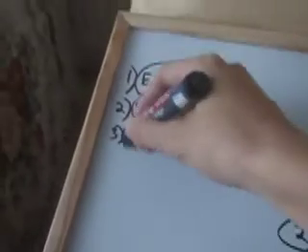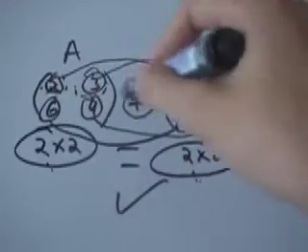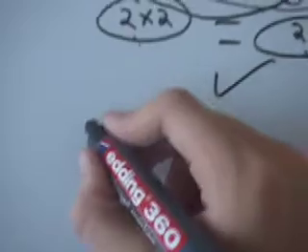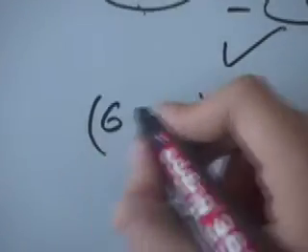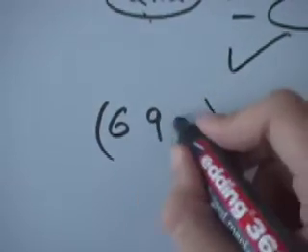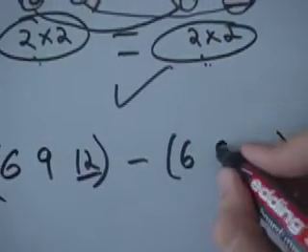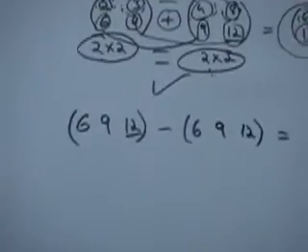Okay, finding the difference is not much more difficult. Finding the difference is exactly the same, except that instead of a plus, you have a minus. So let's do one example here. Let's shake things up a bit. Again, that's a 12, not 1, 2. Awesome. What do you get?